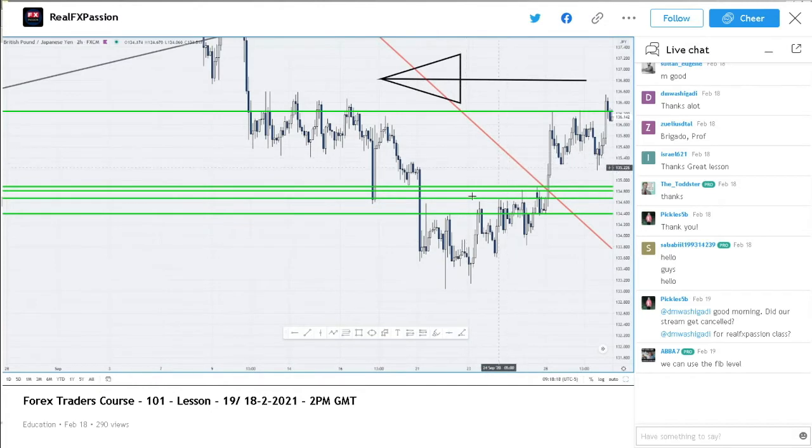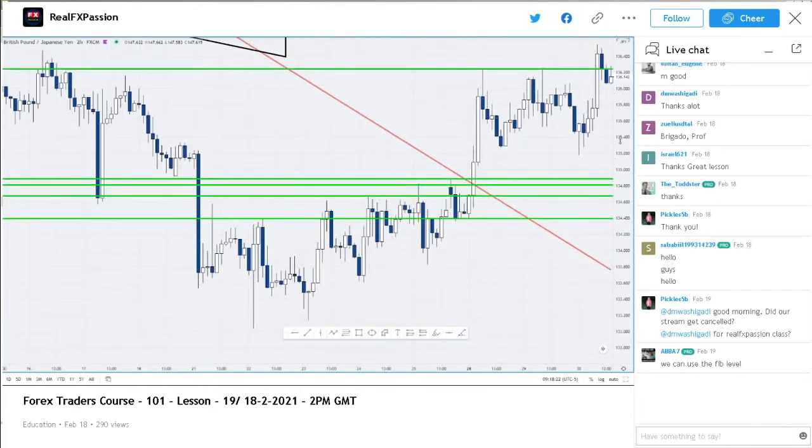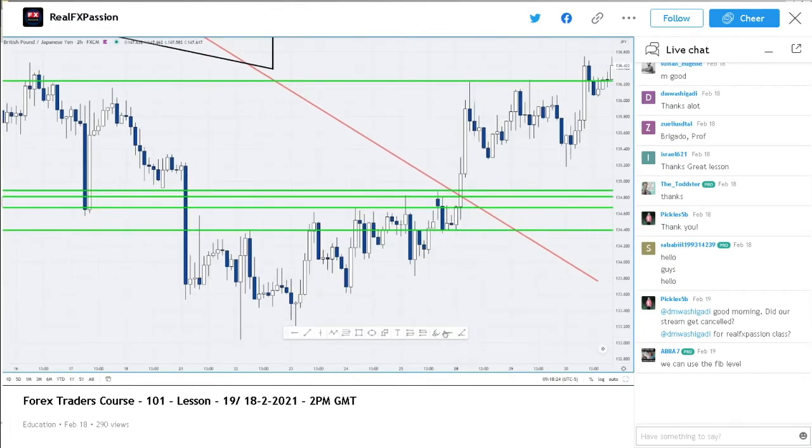Okay, everybody. Now, question for the beginner trader: why didn't we take this high or this high into consideration? Simply because when we are drawing support and resistance, we are drawing like a scale.